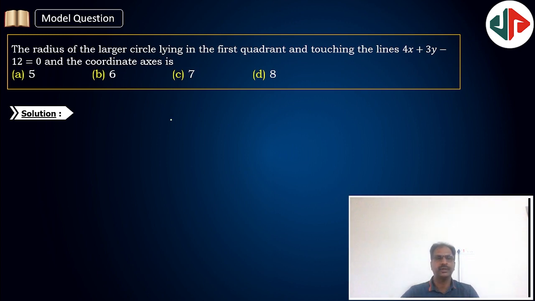It asks for the radius of the larger circle lying in the first quadrant and touching the line and coordinate axes. So this is the line 4x plus 3y minus 12 is equal to 0.